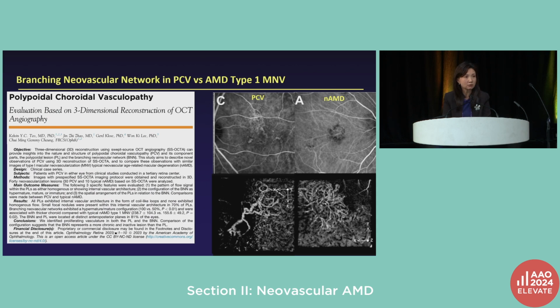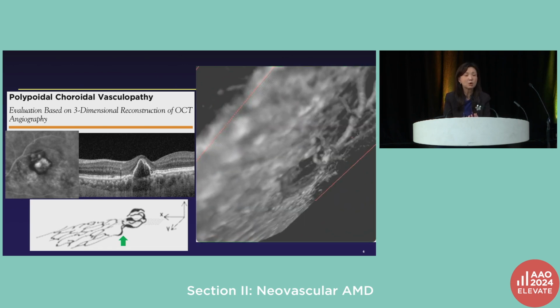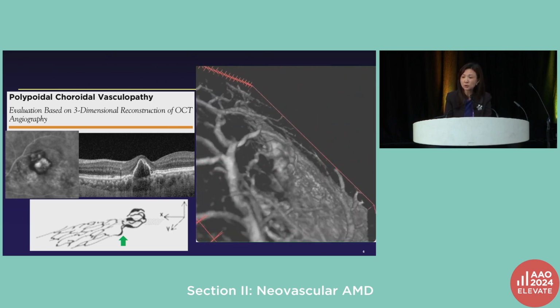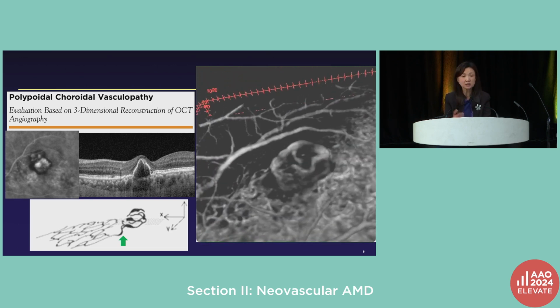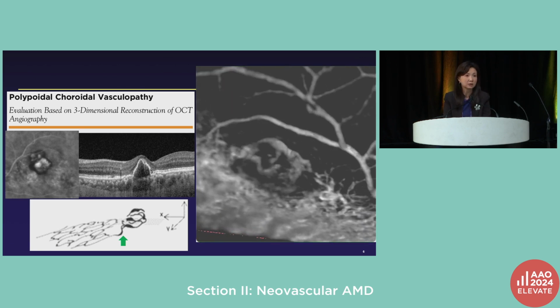Using OCT angiography, we recently discovered that in PCV, the branching neovascular network tends to display a more mature network compared to typical neovascular AMD, as shown in this example, whereas the polypoidal lesion shows a much more active, tightly coiled vasculature with focal dilatation inside. And you can see the 2 parts are connected by a segment of vessel highlighted by the green arrow in that cartoon.